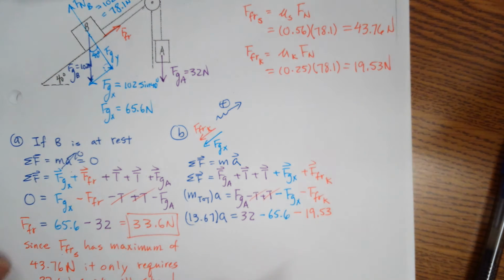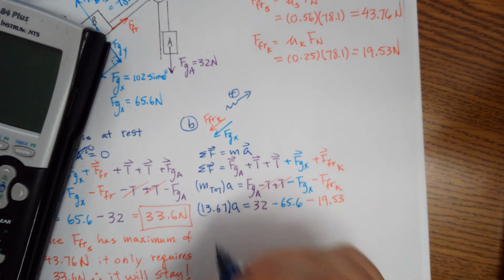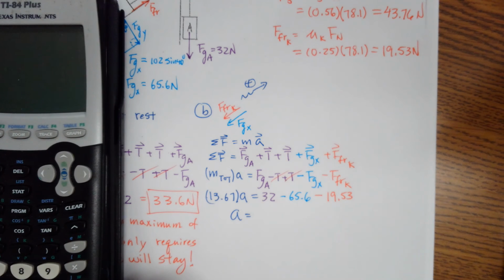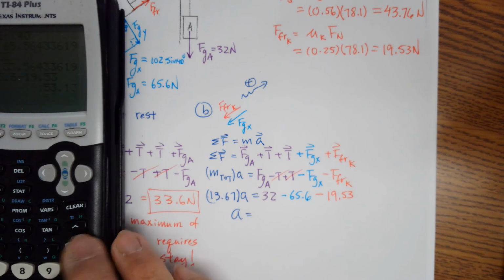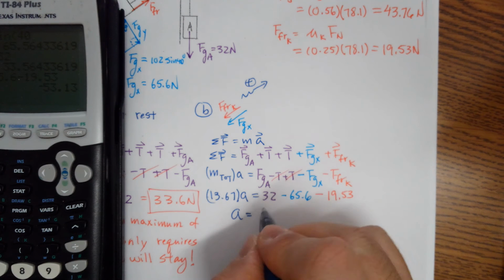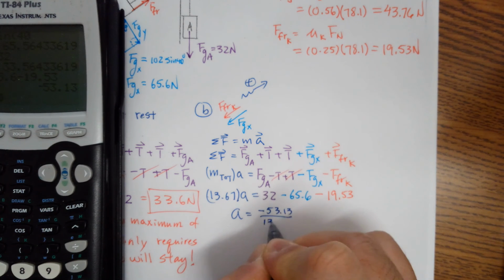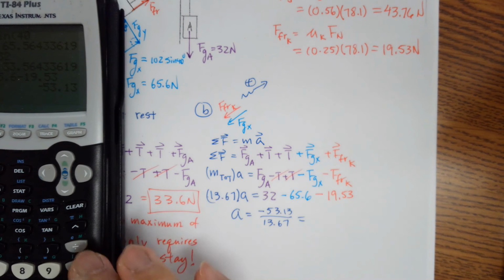So we have to use this 19.53 now, right? All right, so now we just have to solve for A. So my acceleration is equal to 32 minus 65.6 minus 19.53, divide that by, so I get negative 53.13 divided by 13.67.